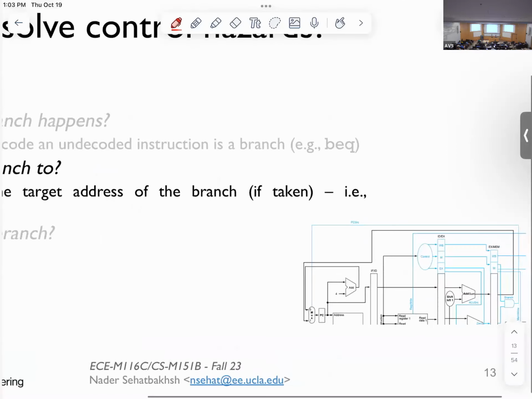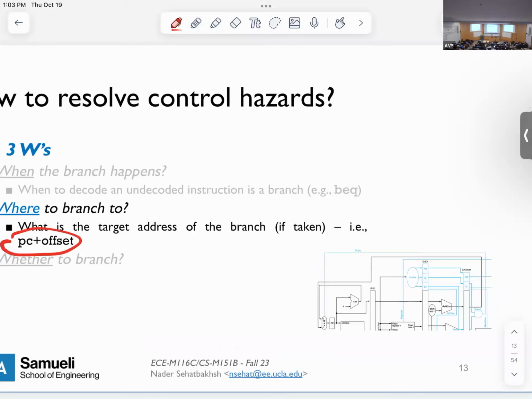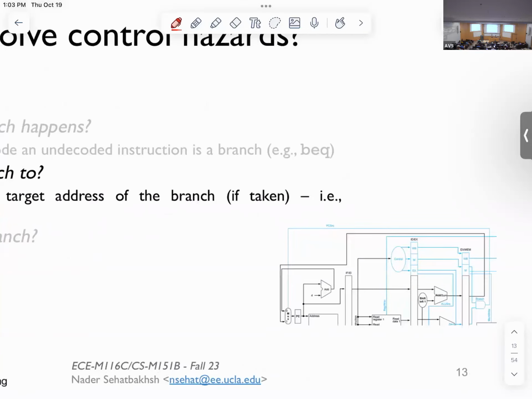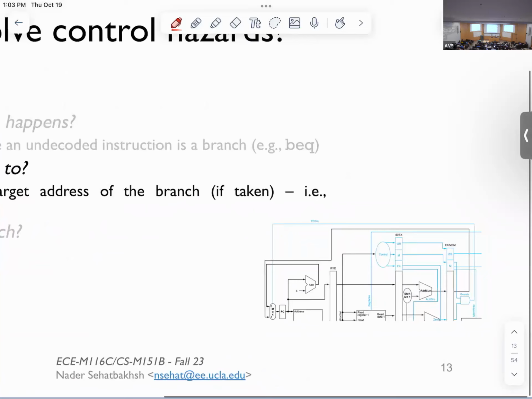If you remember, we need to know what is PC plus offset, right? This is what you need to know in order to find the branch target, right? And if you remember, this was the part where we had this register here. We left shift the immediate, we added it with the PC, and this is where we have the PC plus offset.